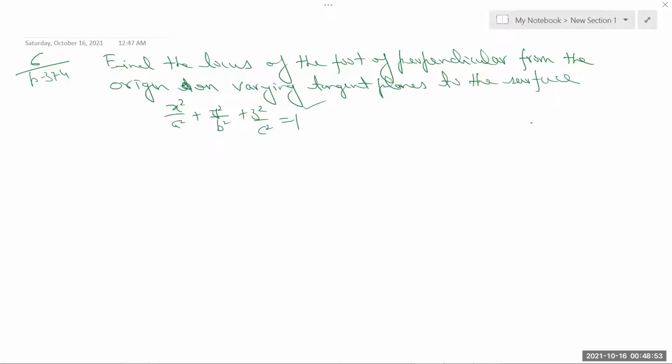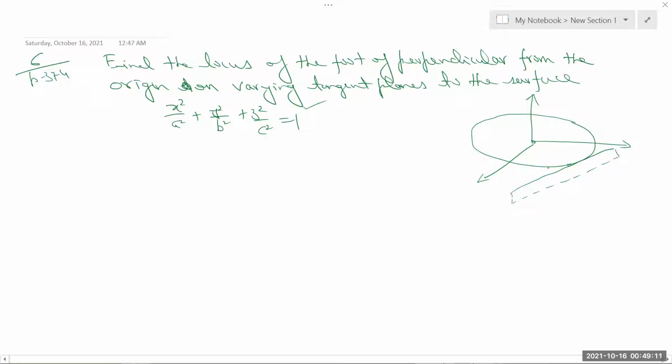So, locus of the foot of perpendicular from the origin. Suppose an ellipsoid is given to us, and suppose variable tangent planes are drawn. Suppose these are the variable tangent planes. And from the origin, I have to draw the normals here. Foot of perpendicular from the origin.